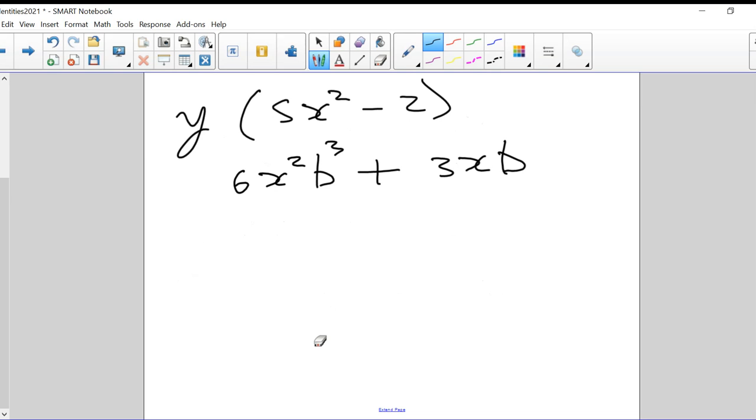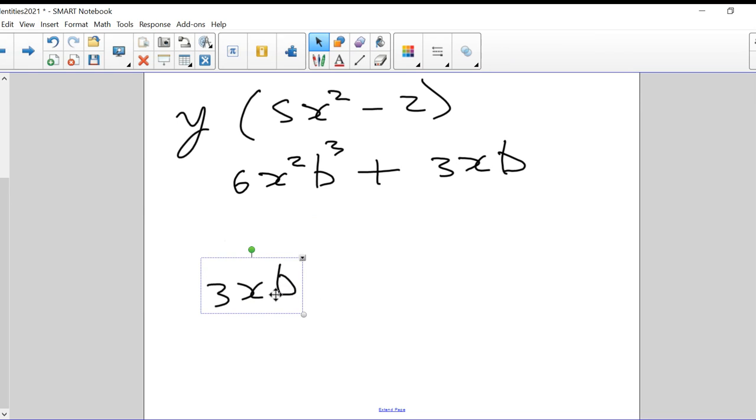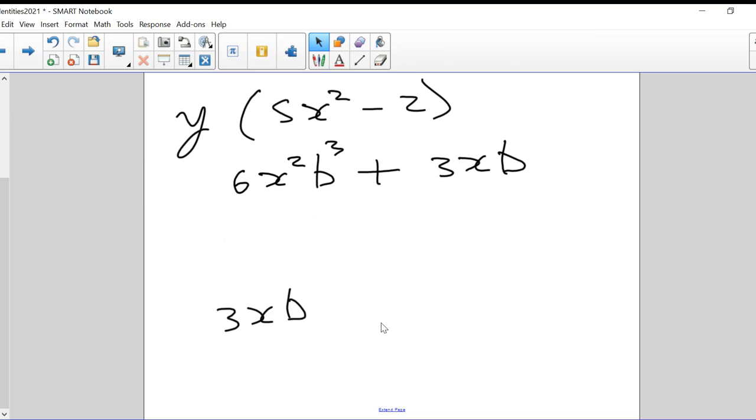So 3x, okay. So 3xb. So I'm going to bring this down a bit. Give myself some room. And aren't we therefore going to divide both of these by the 3xb? In that case, isn't that what we're going to do? So what's left inside the bracket after I do that then? What's going to be left?